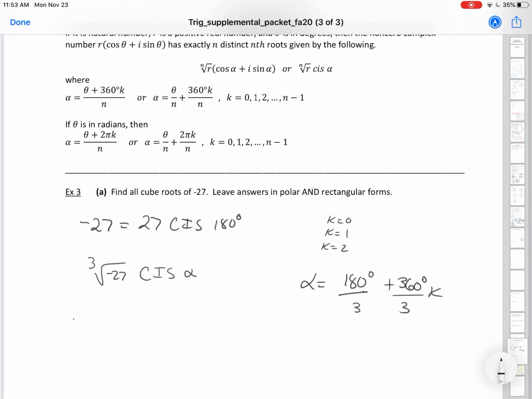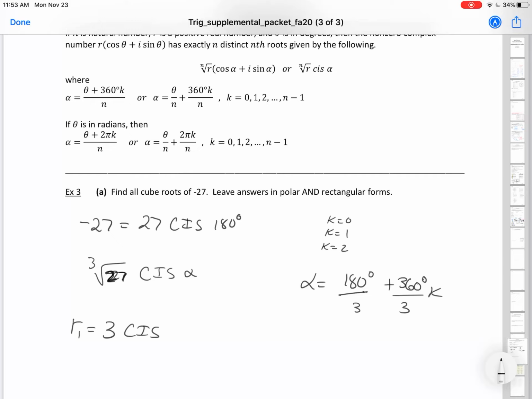So R1 is going to be, well, what is the cubed root of negative 27? Oh, I'm sorry, it's not of negative 27, it's of r. That's where I was going wrong. So it's the cubed root of r, which is 27. So that's 3 CIS. And the first angle would be letting k equal 0.